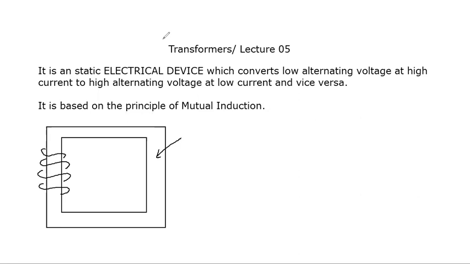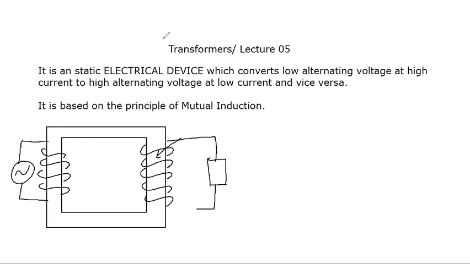This is called a primary coil, which is connected to the source. And we have another set of coil here, which is connected to the load. So we have connected one end to the source and the other end to the load. The left side is called the primary coil and the right side is called the secondary coil.